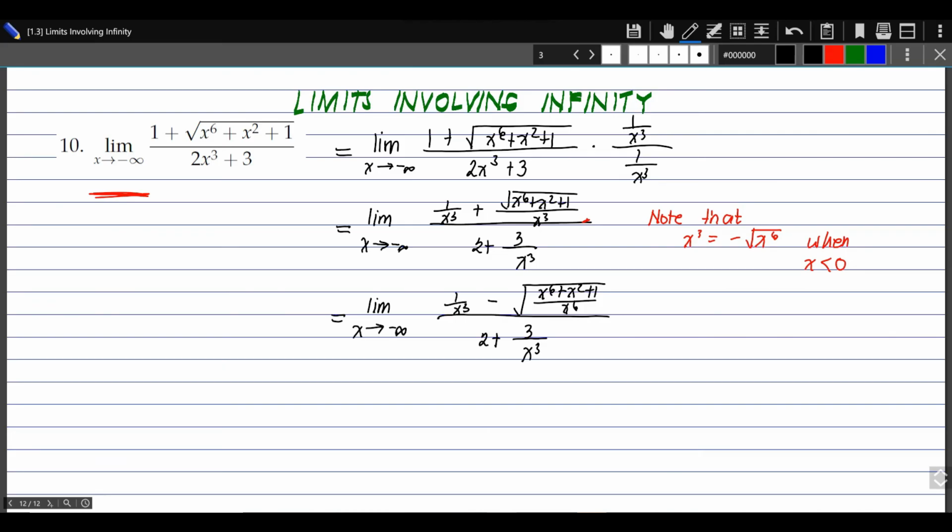If we simplify the expression in the radical symbol, we have the limit of 1 over x cubed minus the square root of 1 plus 1 over x raised to 4 plus 1 over x raised to 6 all over 2 plus 3 over x raised to 3.